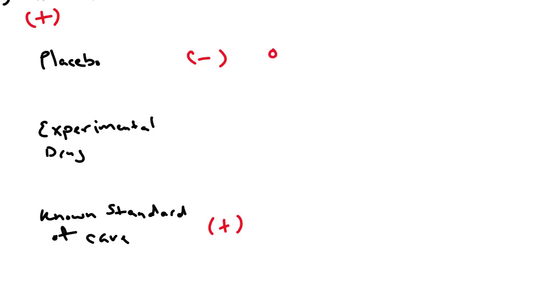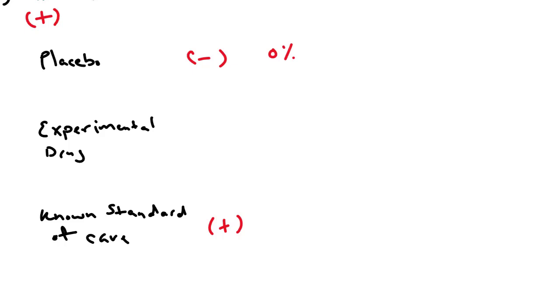So placebo is definitely your baseline. The known standard of care is kind of a positive control, but it doesn't necessarily put the ceiling on the maximum. You hopefully want your experimental drug to work better than the known standard of care overall.